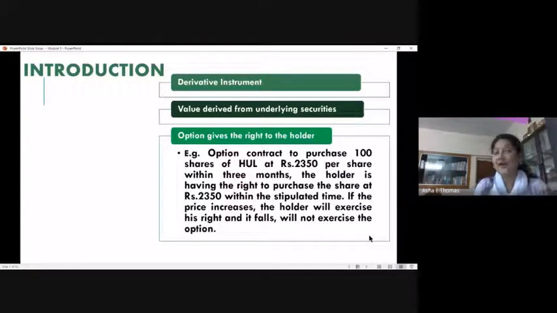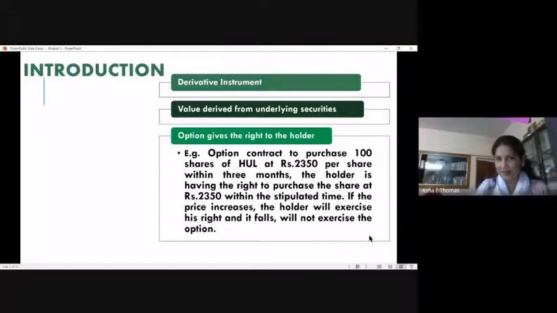Now, we can imagine, if I have the right to purchase a particular asset, I will always be looking at the movement of its price. So in this 3-month period, either the asset price can increase or the asset price can come down. These are the two possibilities.